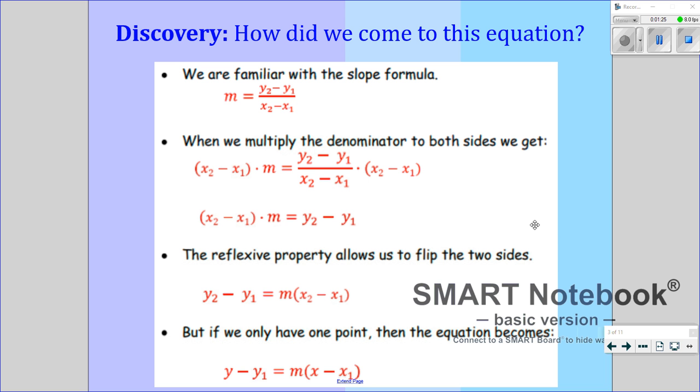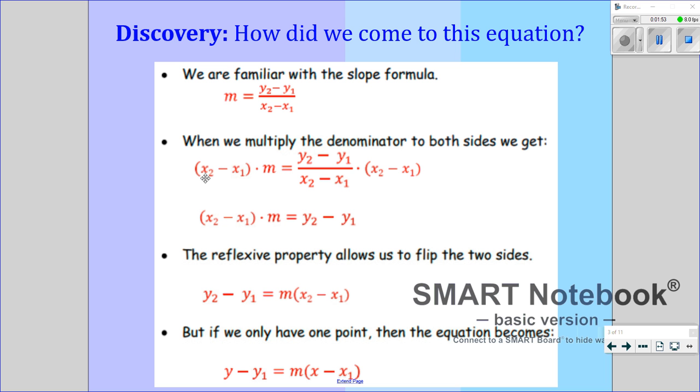So this is a discovery. This is not on your guided notes, but this is to show you where this equation comes from. So again, how did we come to this equation? We are familiar with the slope formula, which is m equals y2 minus y1 over x2 minus x1. When we multiply the denominator, x2 minus x1, on both sides, you get this form.